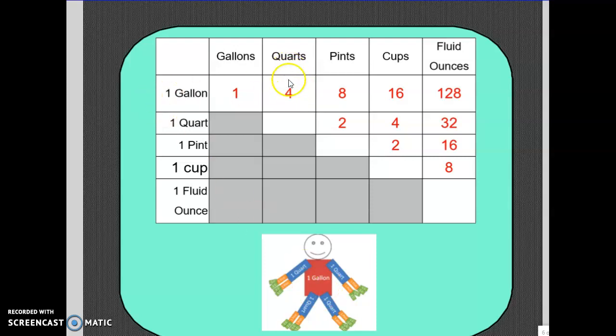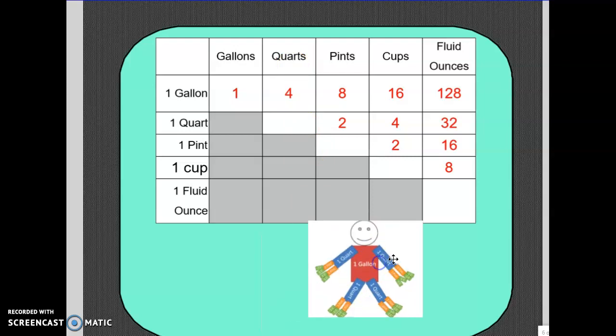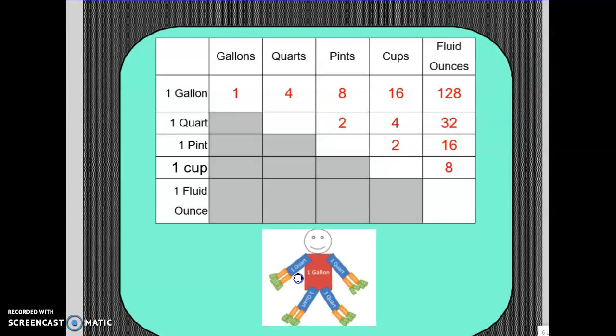So, how many quarts are in a gallon? Look at your measurement man. How many quarts are in a gallon? 1, 2, 3, 4. So it takes 4 quarts. Oops, I'm moving my measurement man. It takes 4 quarts to fill up a gallon. Inside every gallon of milk, there are 4 quarts of milk.